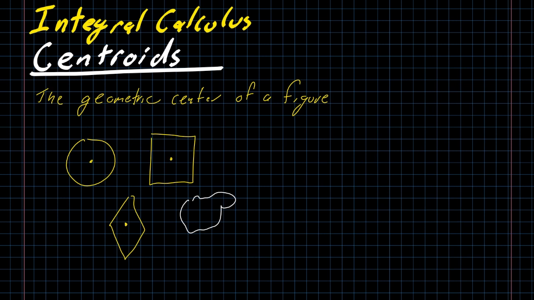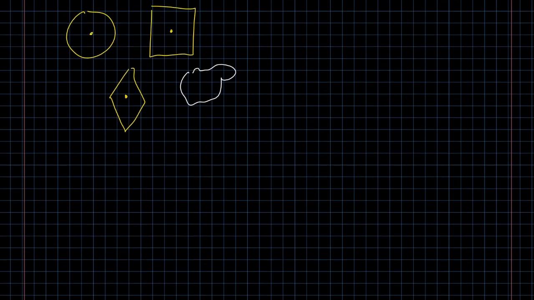I do want to talk about one other type of figure that you have seen the centroid for before. And this is the one that we're going to base all of our following work in. This is a straight line, or a line segment. It starts over here at point x1, y1, and it ends over here at point x2, y2.